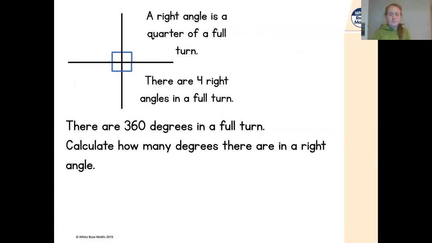So that was our task. So we've got 4 right angles in a full turn, so we need to divide 360 by 4 because each right angle is of course equal to each other. So we've got 4 groups, 4 parts of that 360 degrees. So we may have used that known fact, that 4 times table fact, 36 divided by 4 is equal to 9.